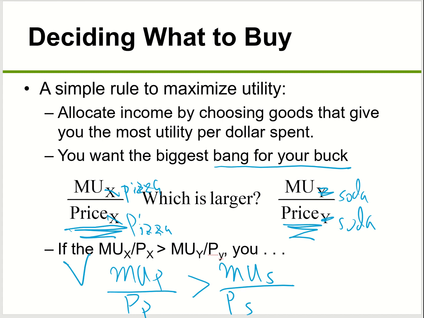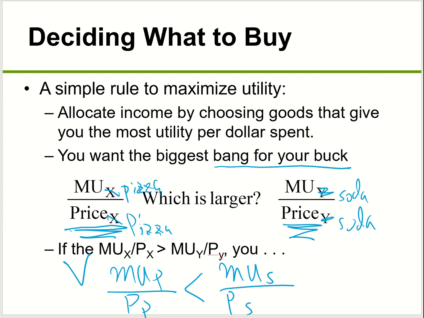For our consumer, we're going to compare these two consumptions and see which will give you the biggest utility for every additional dollar you spend. So if the pizza ratio is more, you buy more pizza. Vice versa, if the marginal utility of soda divided by the price of soda is more than the marginal utility of pizza divided by the price of pizza, then you buy more soda instead.